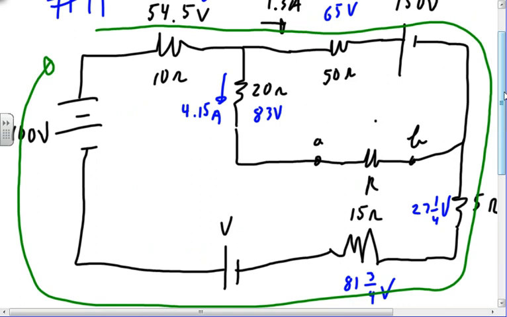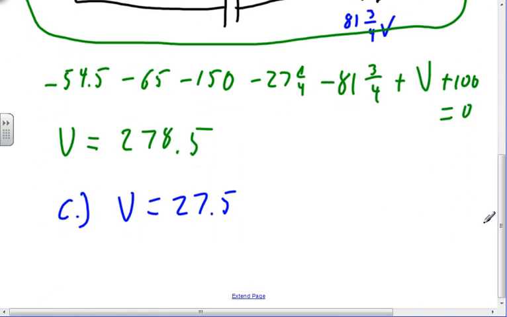Okay, now I'm going to look at a different loop. I'm going to look at this inner loop guy here that goes back to there. That's what I'm going to do. Okay. I'm going to start here. So I'm going to go up 150, 150.